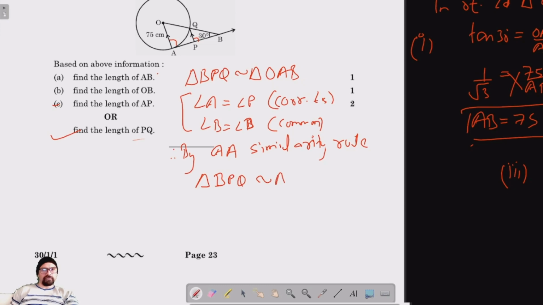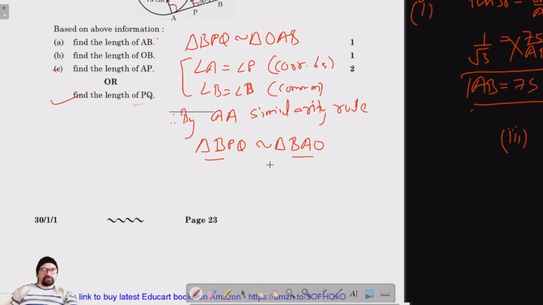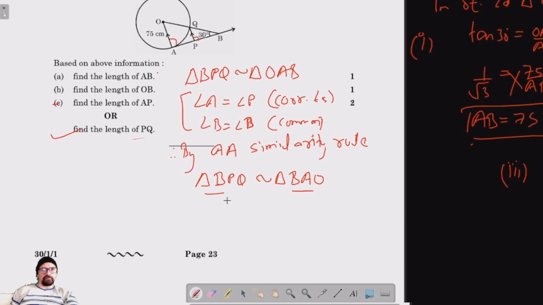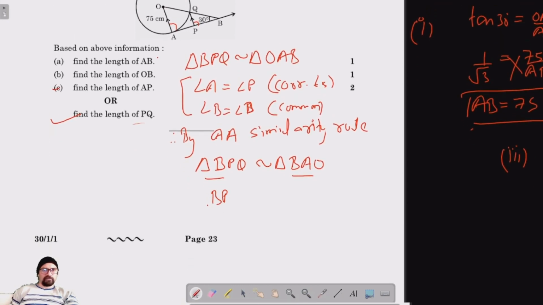Triangle BPQ is similar to triangle BAO. Now if the triangles are similar, then the corresponding sides are proportional. So I can write BP by BA is equal to PQ by AO is equal to BQ by BO.